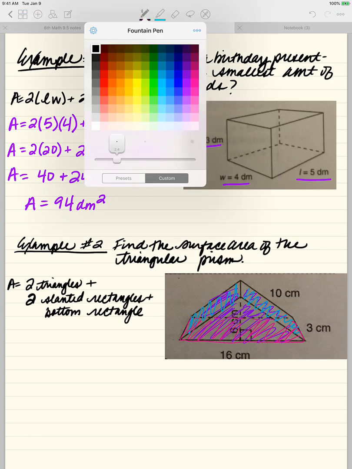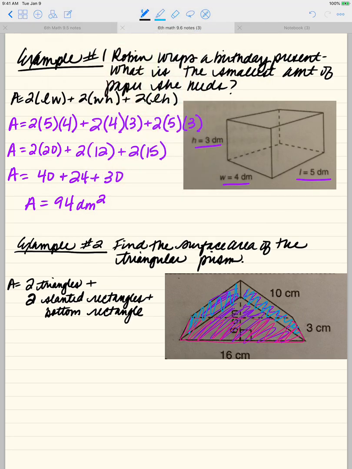So in order to figure out the surface area of this triangular prism, we need to figure out the area of the two purple triangles, the two slanted rectangles, the light blue ones, and then the area of the one bottom rectangle. So let's start with our two triangles that are marked in purple. The area of a triangle is 1/2 base times height, right?